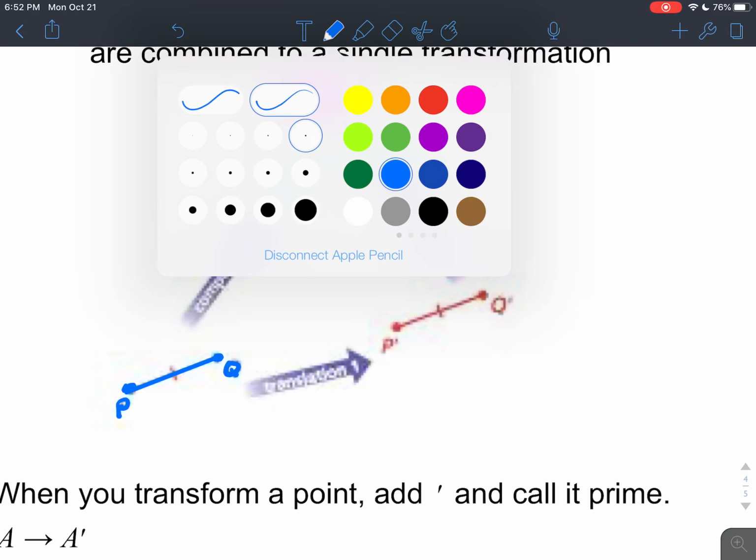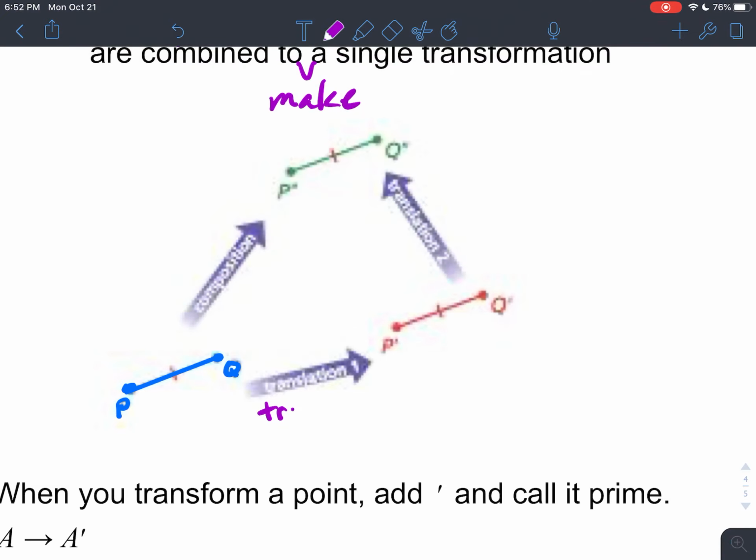That has been transformed. It says transformation 1. This is just what it says on your paper. You don't need to rewrite it unless you can't see it. And then you get to segment P prime Q prime.